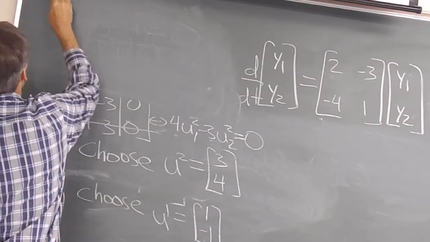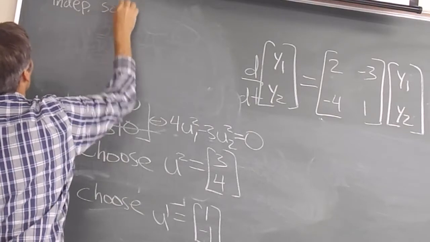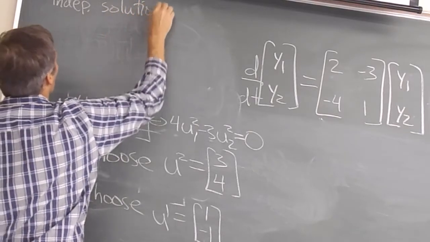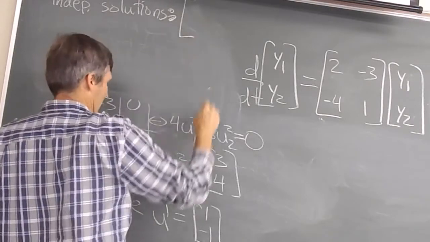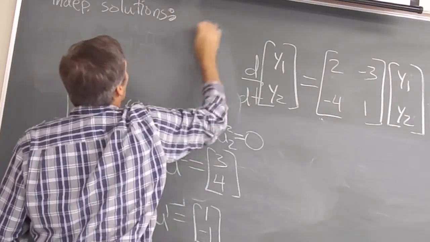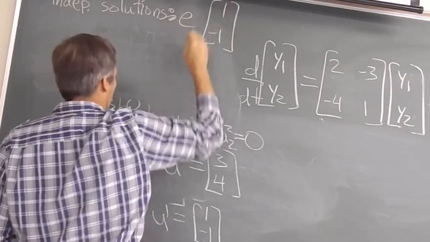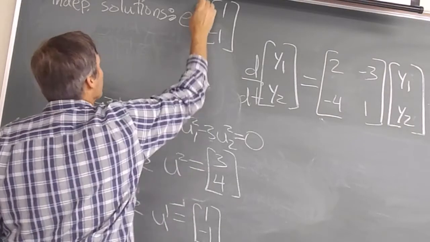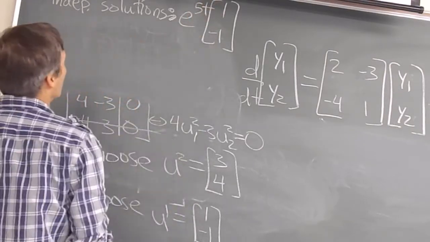Two independent solutions to the system of equations are eigenvector 1, minus 1 times e to its eigenvalue t, e to the 5t. That's one solution.